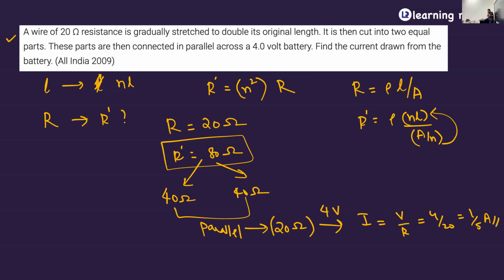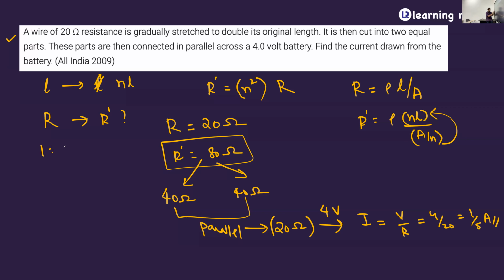Shall I proceed? Parts were not equal, no? About 1/5 of 80, they will give like that. Let's say they are broken in the ratio 1:5.